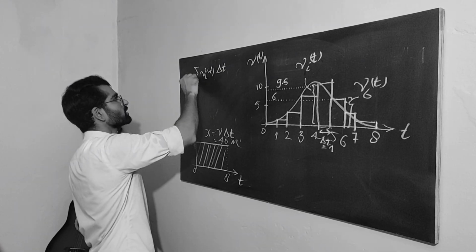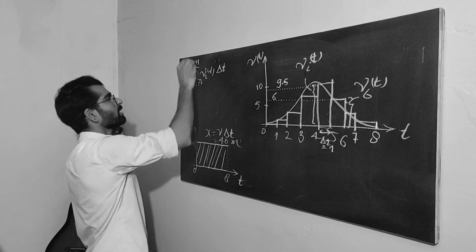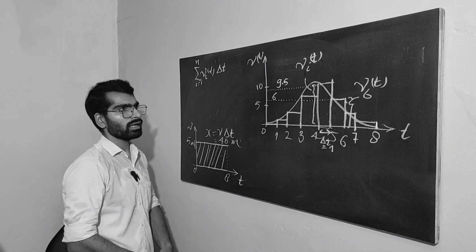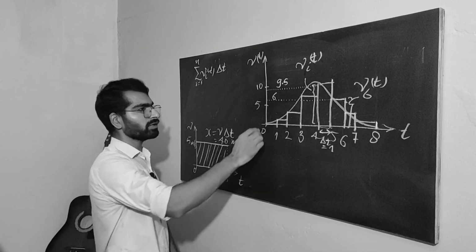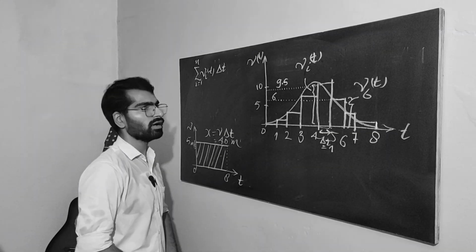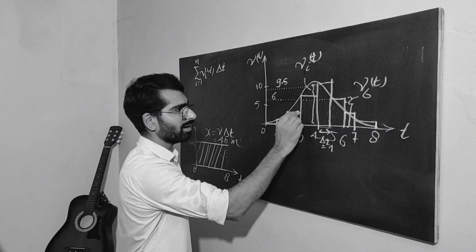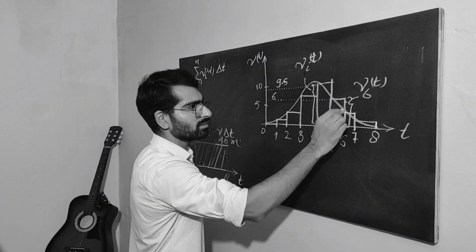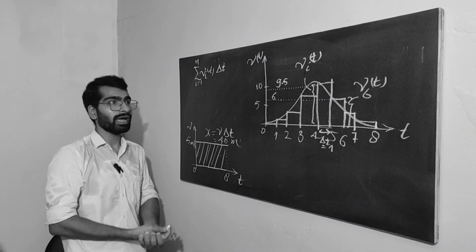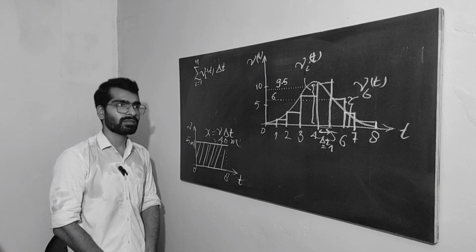So I run a summation from i equals 1 to n, and in this case n is going to be 8. And so I couldn't find you the area under the original curve, but I have found you the area under this curve that you see. That's what we have found, and this gives you the approximate distance that you are going to travel, right?